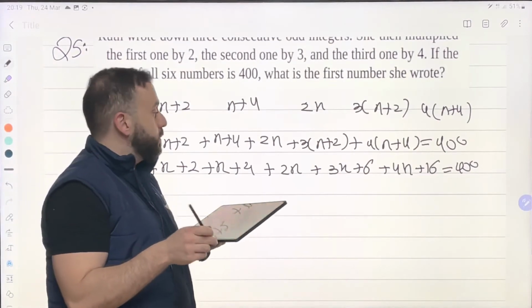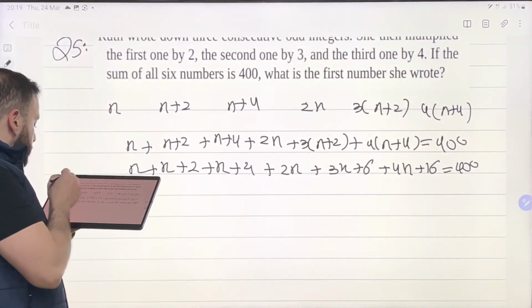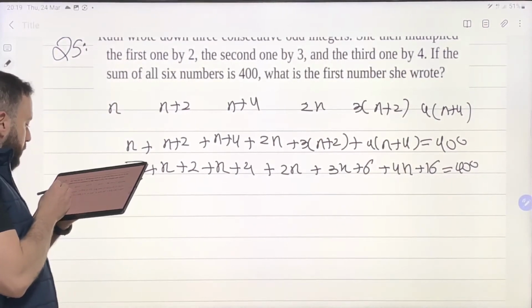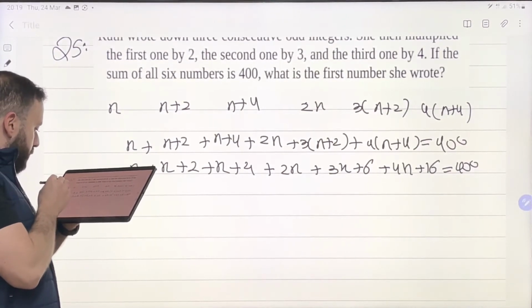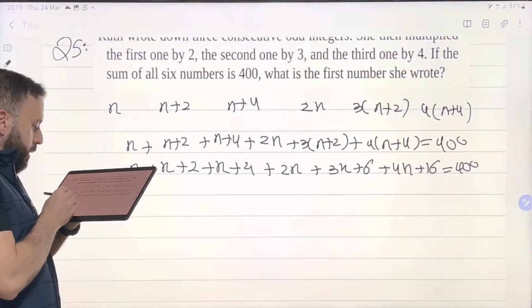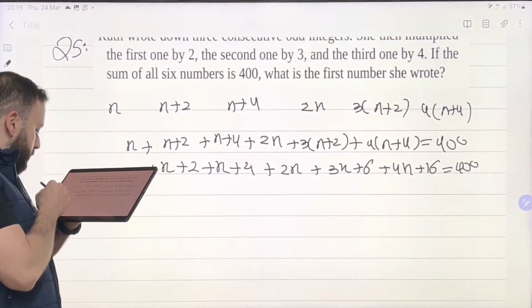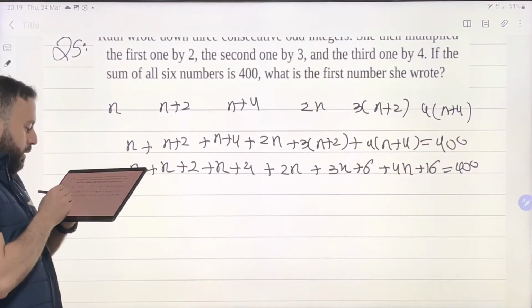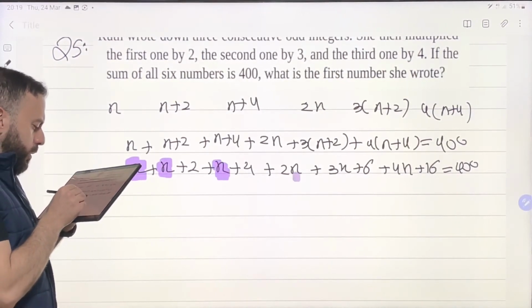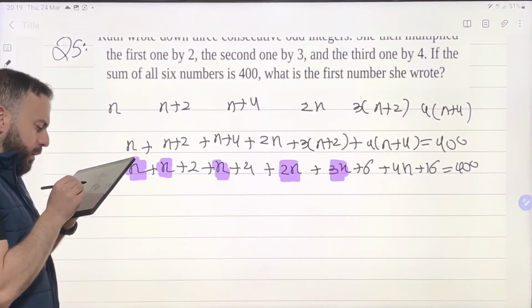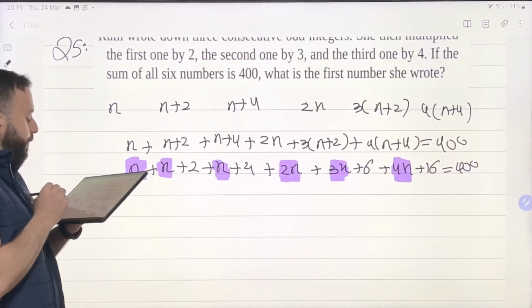Now, this is n. This is n. This is n. Here you have n also, 2n, 3n, 4n.